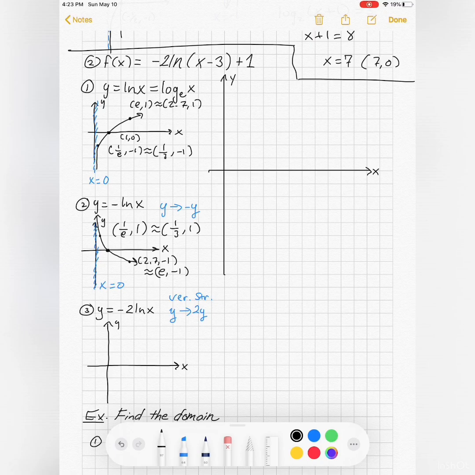So I'd have e, negative 2. So it's 2.7, negative 2. One, 0. And 1 over e, 2.